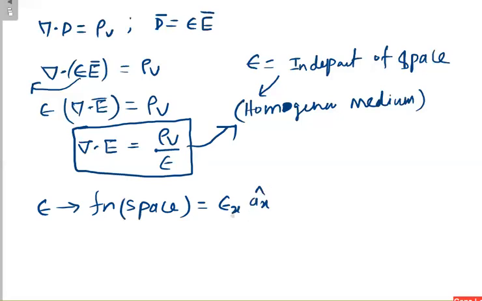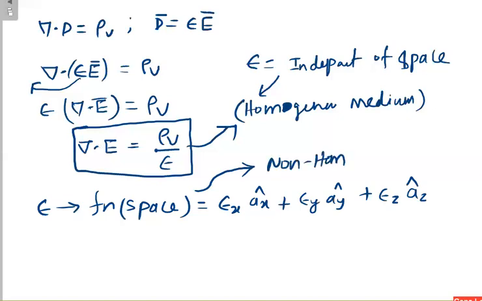Along the x-axis it has the epsilon x value, along the y-axis it has some other value. Like this also sometimes they mention. Then what is the real meaning of this? It has different values in different directions. Epsilon itself is a function of space. Once it is a function of space, that particular medium is called a non-homogeneous medium. The medium properties change with respect to direction.